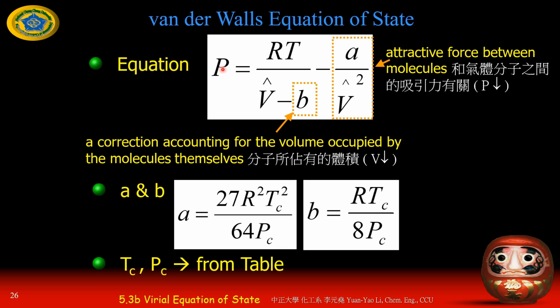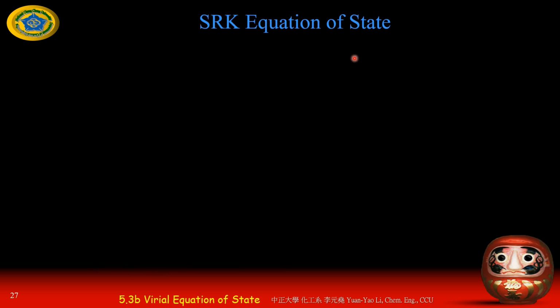If I give you temperature and volume, you can get pressure, because R, B, A are all constant. So that is the van der Waals equation of state.